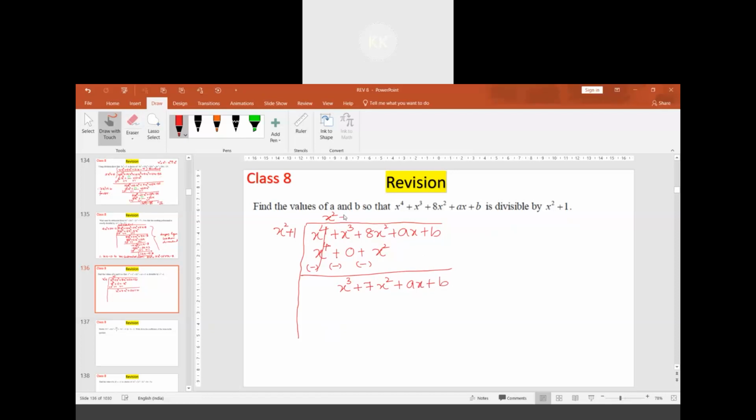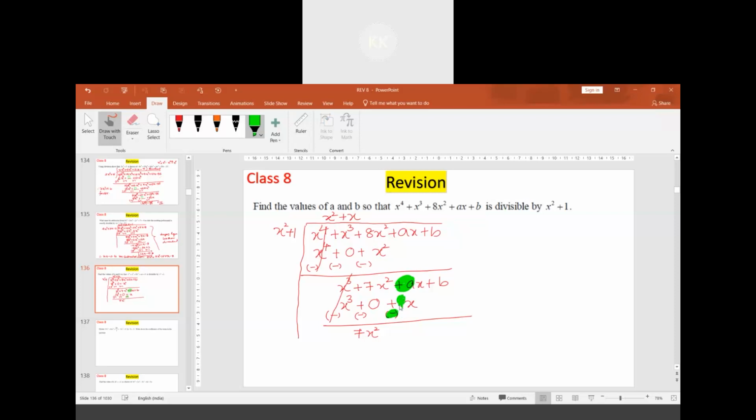Now we multiply with x so that we get x cube plus 0 plus x. I have changed the sign. This is cancelled. 7 minus 0 is just 7, so 7x square. Here you observe, we have positive a, and here we have negative 1.